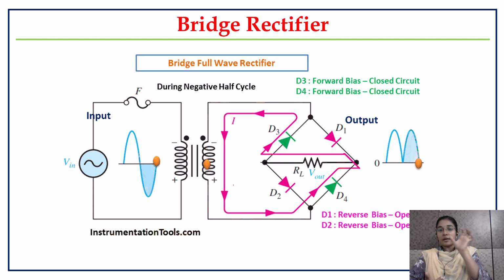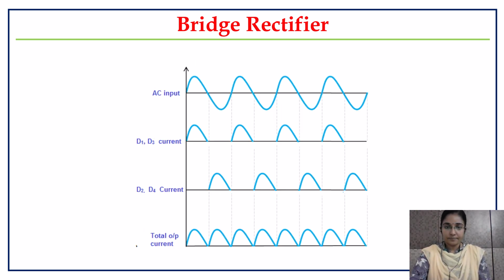So whichever diode is conducting, my signal will go through only that diode and the signal will not pass into the diodes which are not conducting. So I am getting my output signal. This is the output waveform of my bridge rectifier, where I have an input signal and the output of diodes D1 and D2 in the positive half cycle, and diodes D3 and D4 in the negative half cycle.